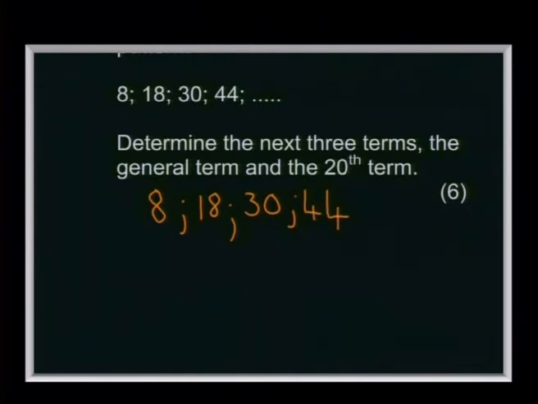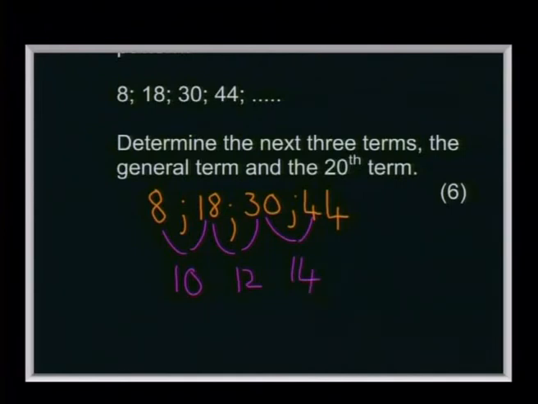Okay, so the first difference, or the difference between the first and the second term, is 10. We've got to add 10 to get from 8 to 18. To get from 18 to 30, we have to add 12. And to get from 30 to 44, we have to add 14.